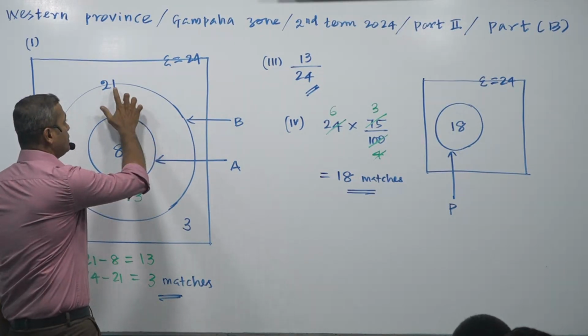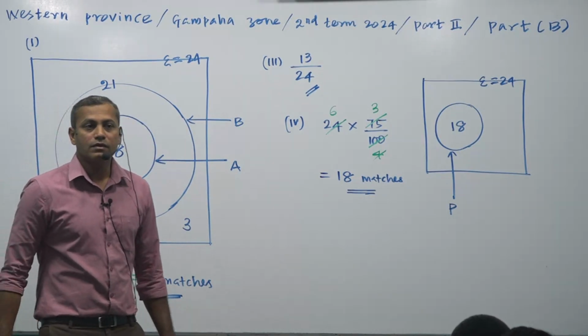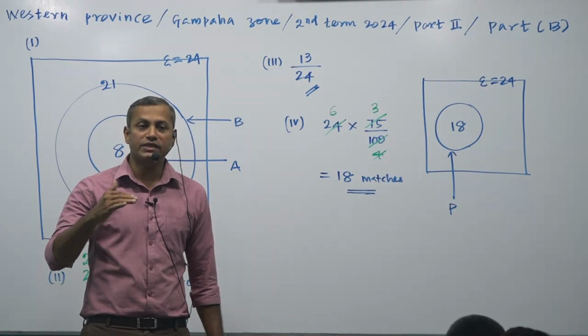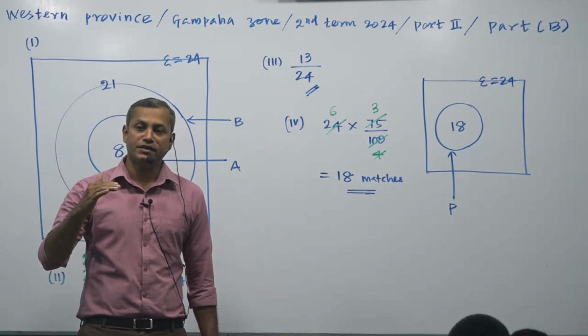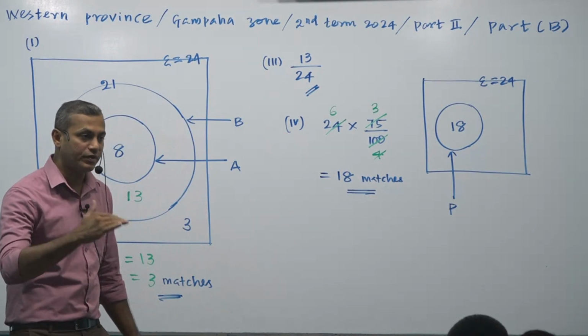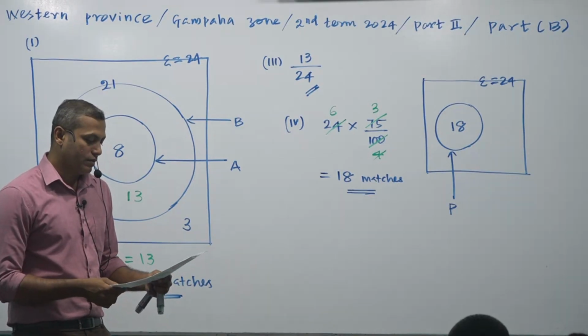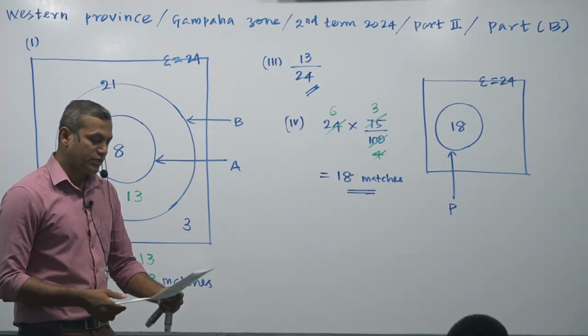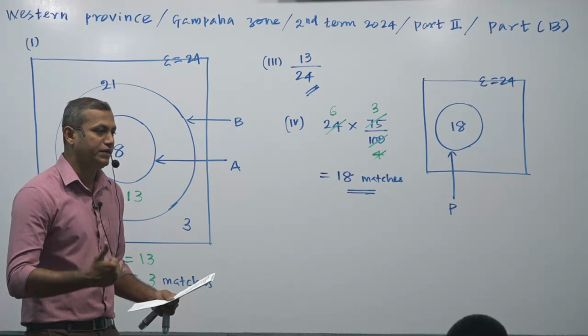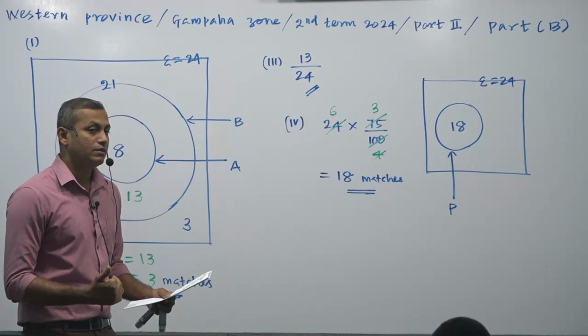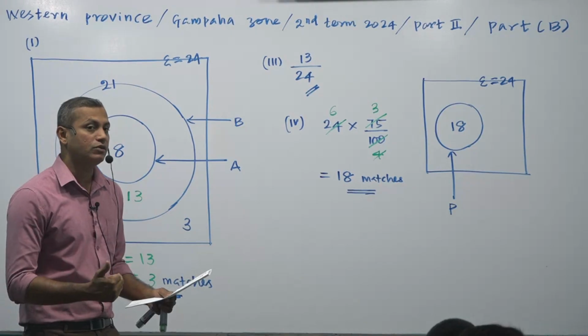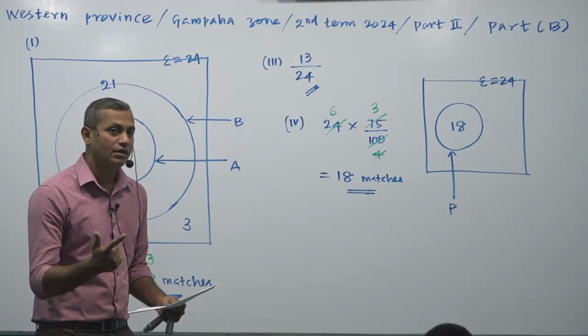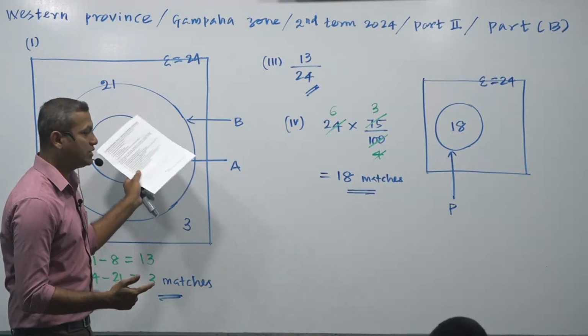What is this 21? The number of matches he has scored less than 99, yes. 0 to 99, how many matches? 21 matches. 0 to 99, how many matches? 21 matches. Yes or no?